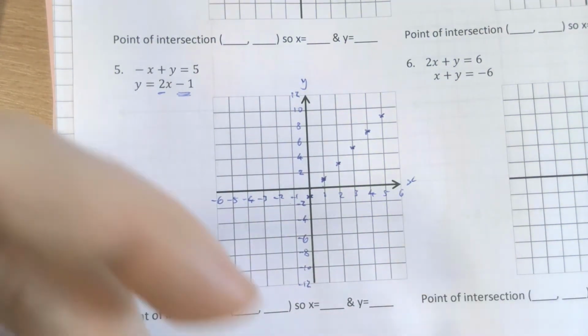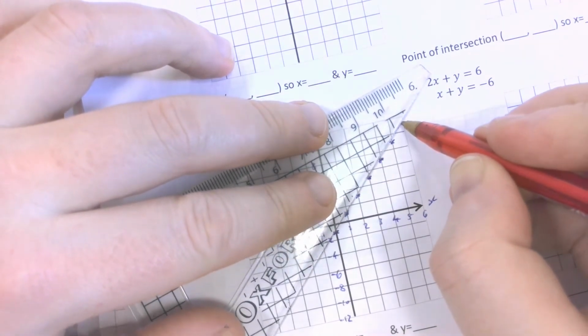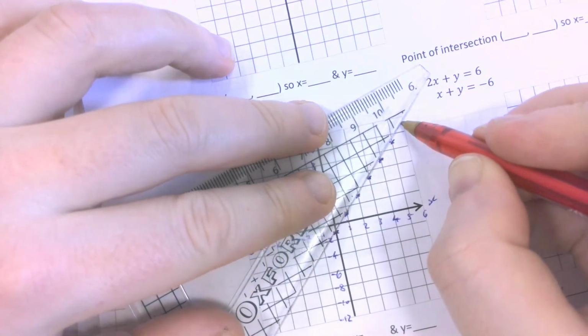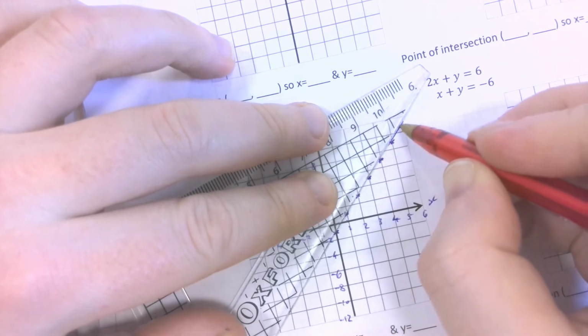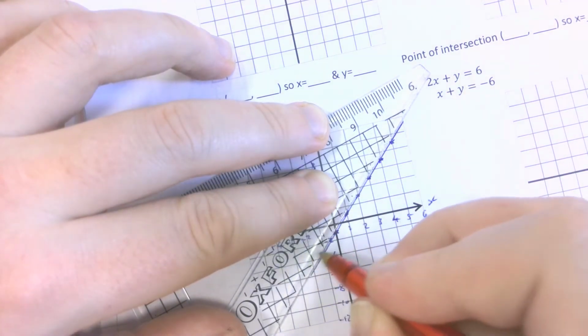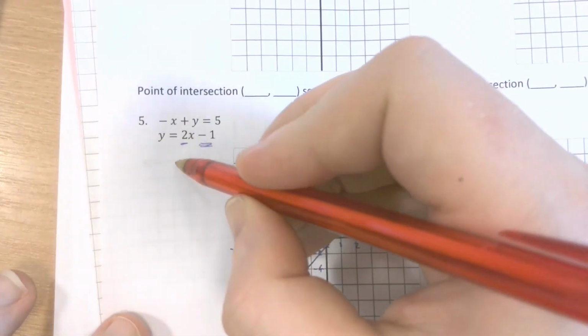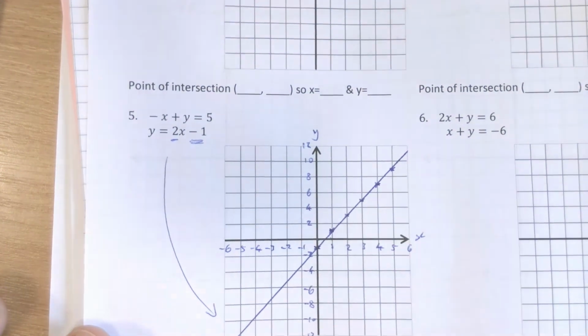If I join all of these points together, I'm going to get hopefully a nice straight line. Just bear with me here. I want to make sure I get this a-okay. There we go. So that is my first line, y equals 2x minus 1.